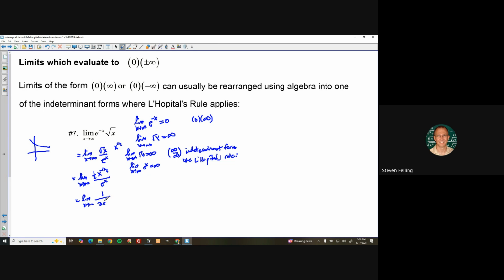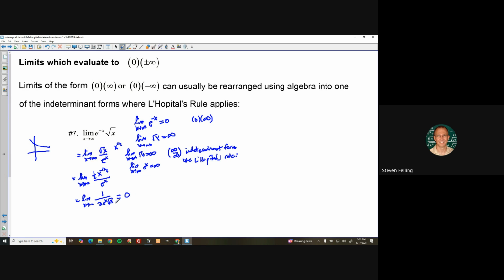We have this e to the x, and we have this x to the negative 1/2, which would move to the bottom and become a positive 1. So really it's this. And if you plug an infinity in here, e to the infinity is infinity. So you have a constant over infinity. Anytime you have a constant over an infinity, that's just 0, right?